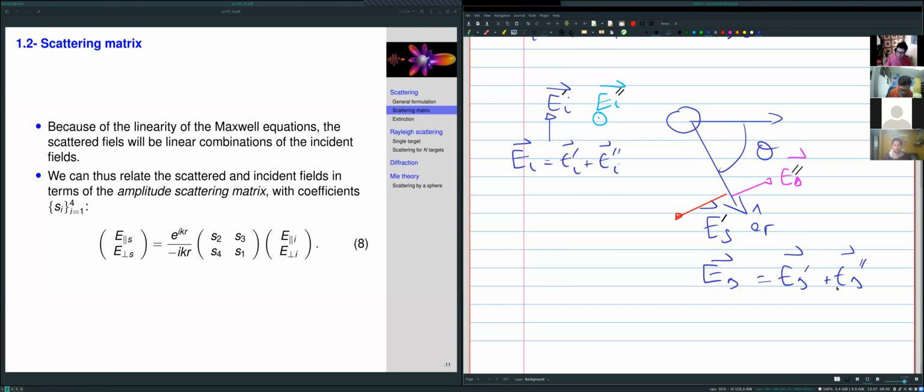So this is what we mean by linearity here. So we can imagine then that the scattered fields are going to be linear combinations of the incident fields.